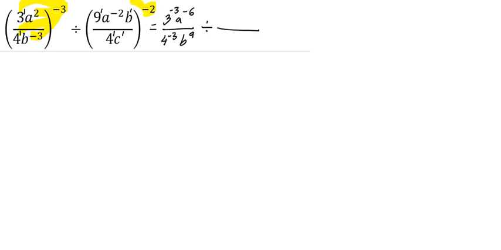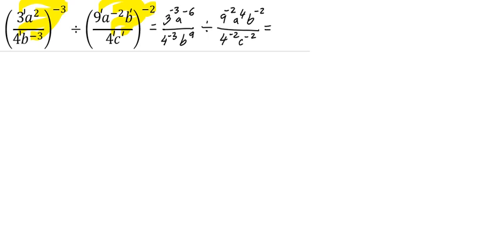Multiply all the exponents by -2. We're going to get 9 to the -2nd, a to the +4, b to the -2nd, and in the bottom it's 4 to the -2nd, c to the -2nd.